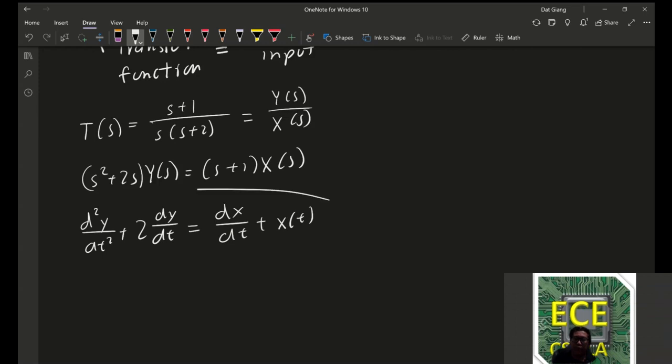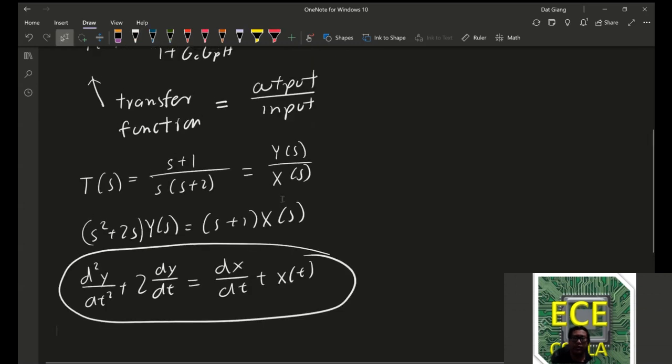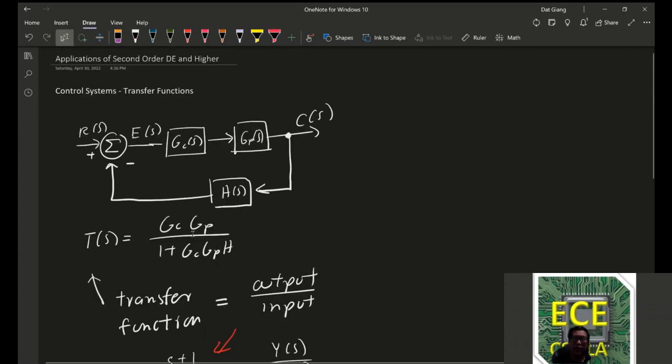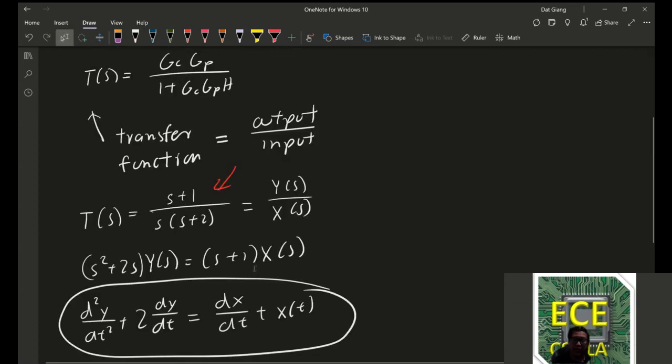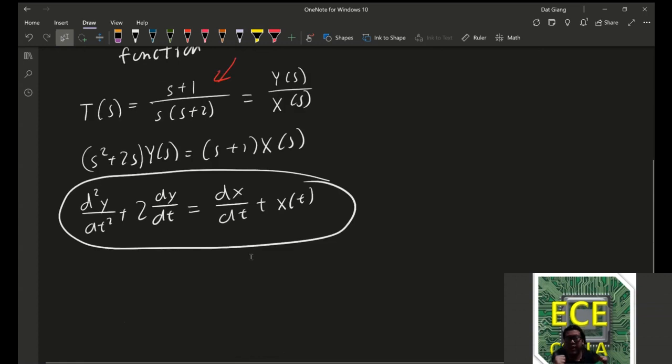And this differential equation is what allows us to model the transfer function given by this specific situation. But just in general, in the realm of control systems, if we are able to define a transfer function, we're therefore able to define a differential equation model for this.